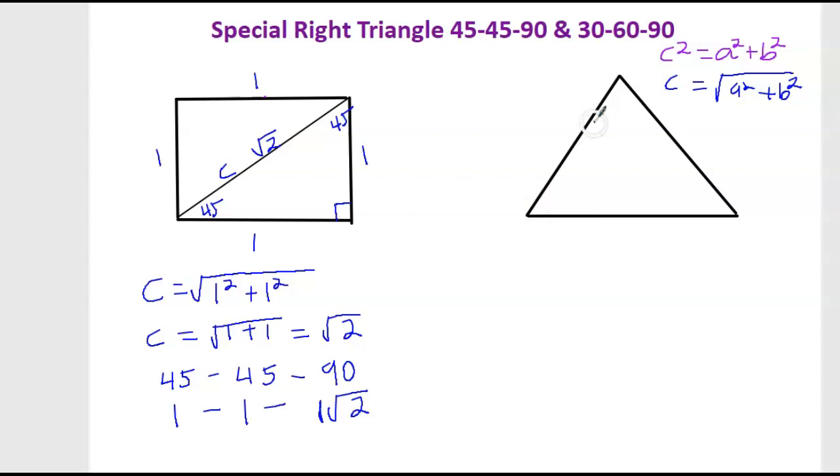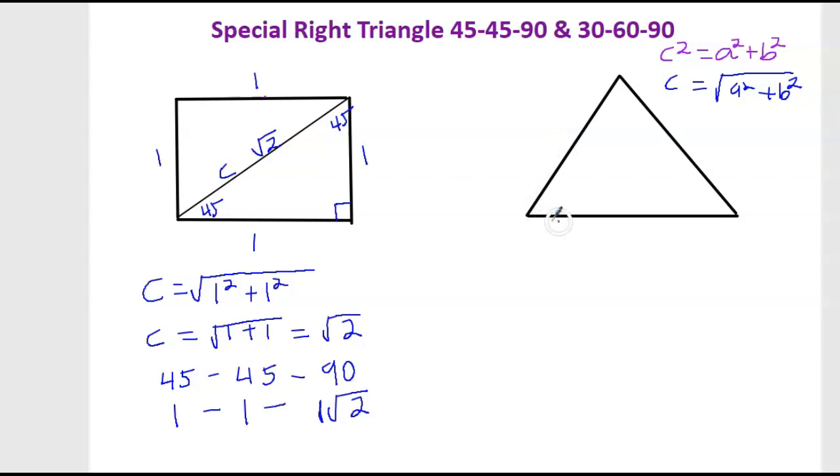We have 60, 60, 60 here. 60, 60, 60 make 180, and a triangle is supposed to add up to 180. Therefore, we got our 60, we need a 30. This looks like an equilateral triangle, where all of the sides are equal.